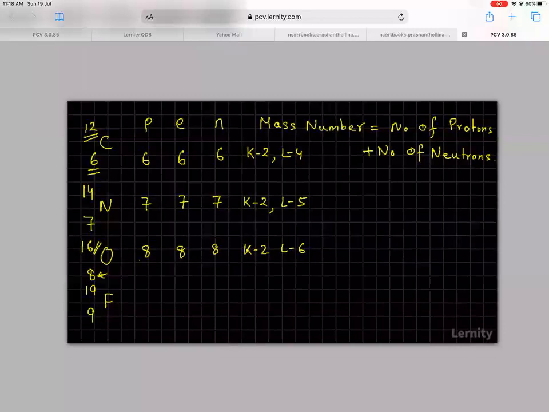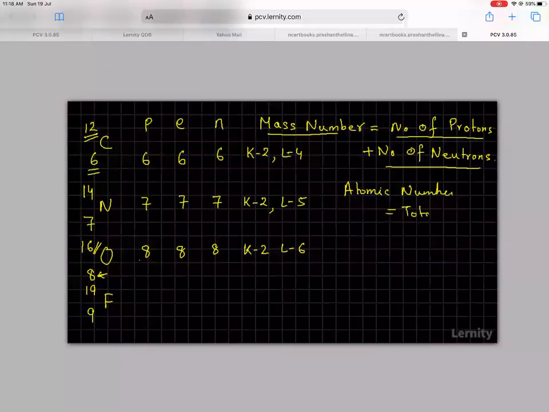Mass number is the total number of protons plus number of neutrons. Atomic number is equal to the total number of electrons, which is equal to the number of protons.